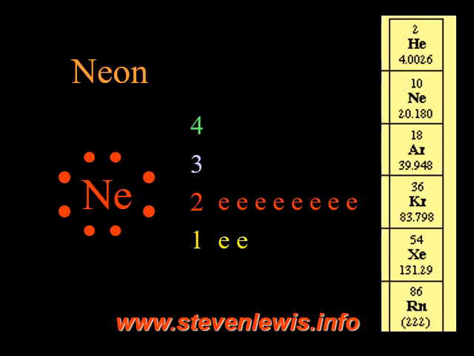We can write the valence electron dot structure for neon using the symbol for neon, capital N, lowercase e, and putting 8 dots around it, symbolizing the 8 valence electrons in its second floor. Note that the second floor is stable with 8 valence electrons, so we would expect that neon would be very unreactive. Its chemical reactivity is similar to helium.